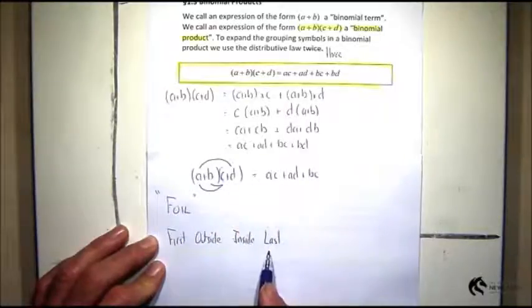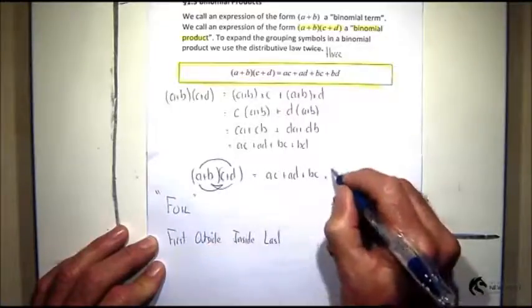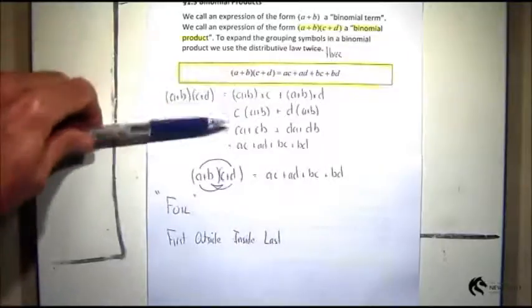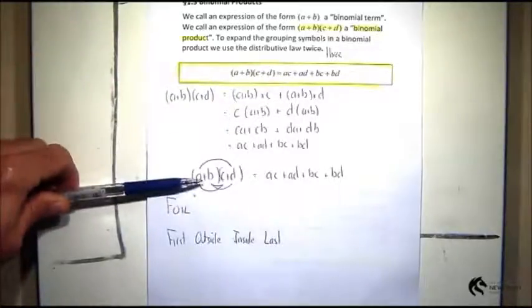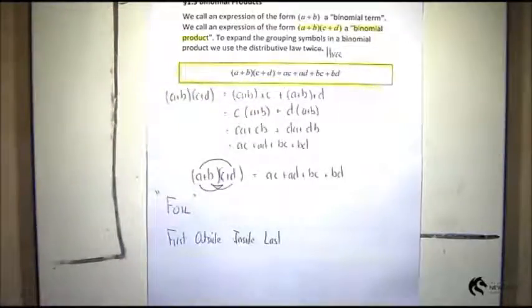And lastly do the last ones, which in this case is B and D, plus BD. And so there's my FOIL mnemonic for remembering how to do a binomial product. I don't care what you do. You can actually multiply it out like this, or you can remember the FOIL algorithm. As long as you can end up getting the correct terms in there, that will be fine.